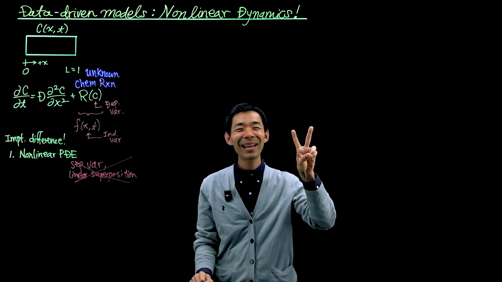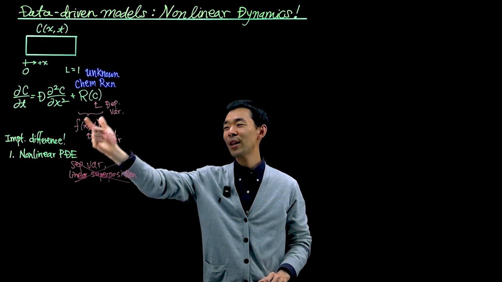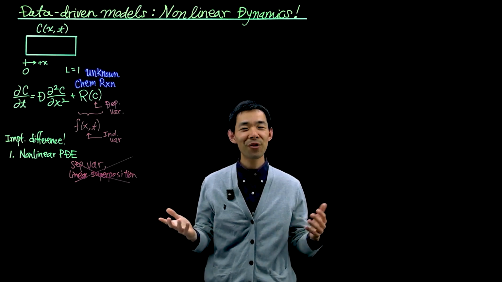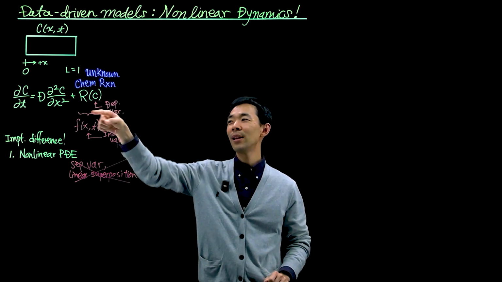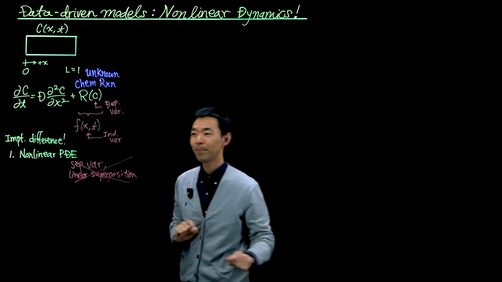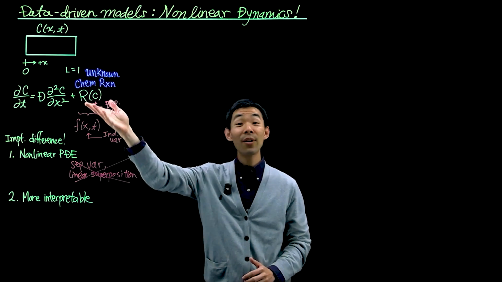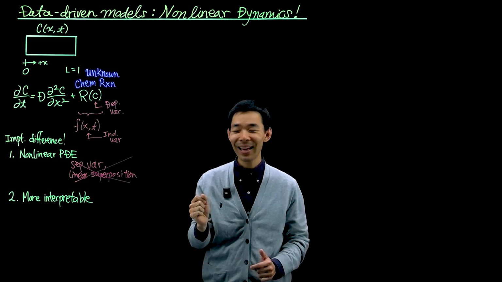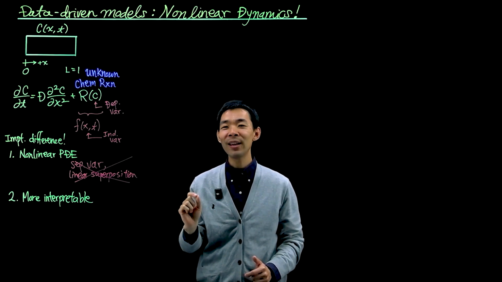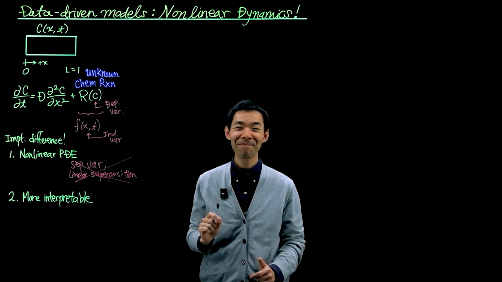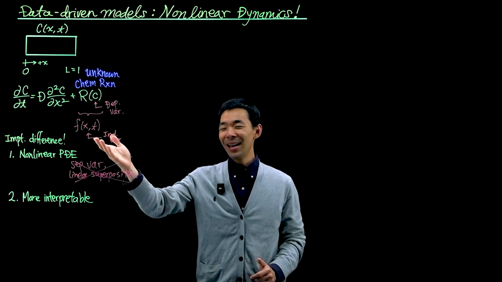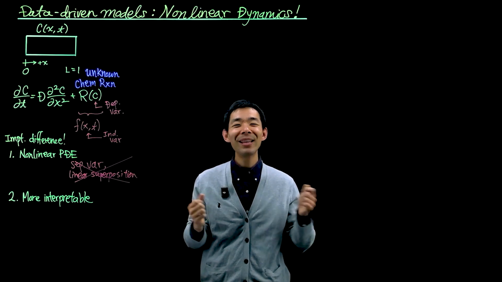Now, the second key difference between what I wrote down last time, some arbitrary function of position and time, versus a function of your dependent variable. The reason why we might want to model it as a function of a dependent variable instead is that it improves interpretability. What we did last time was some function of your independent variables.